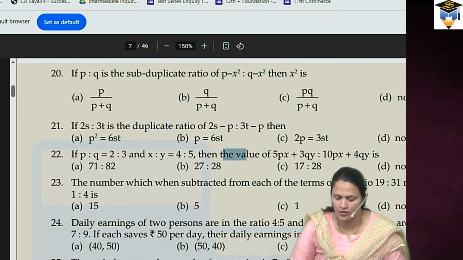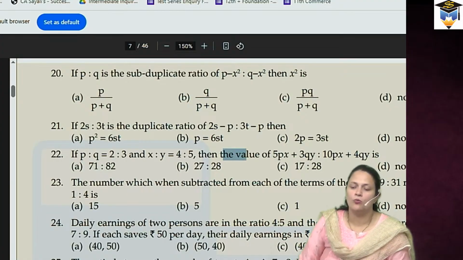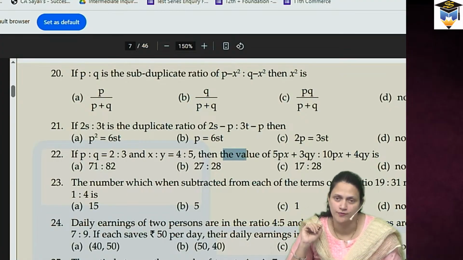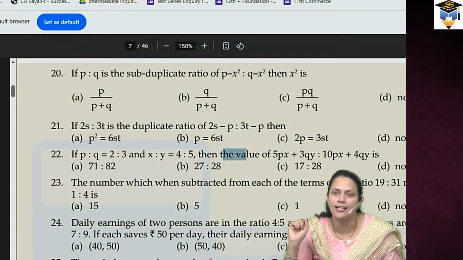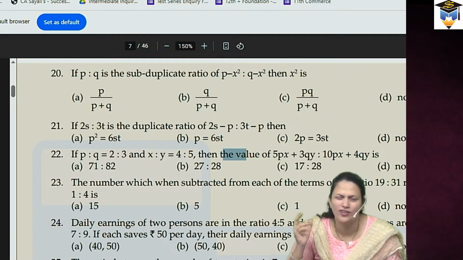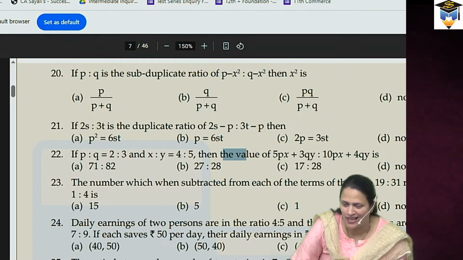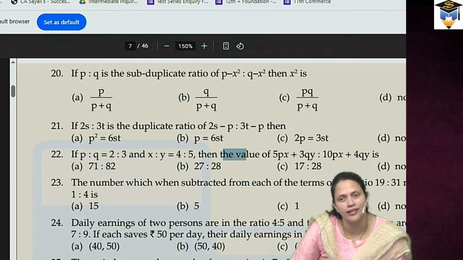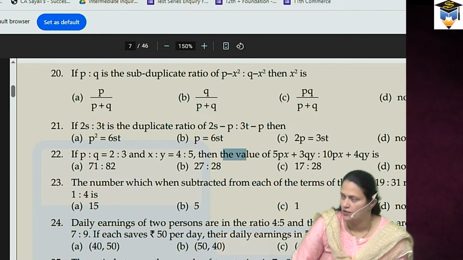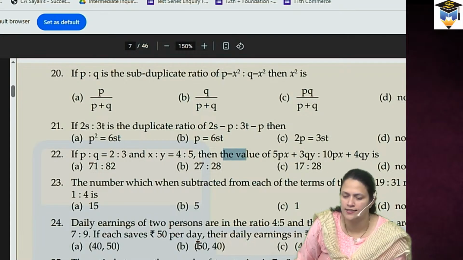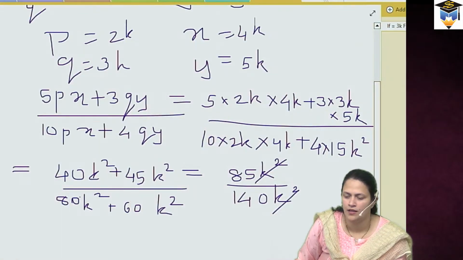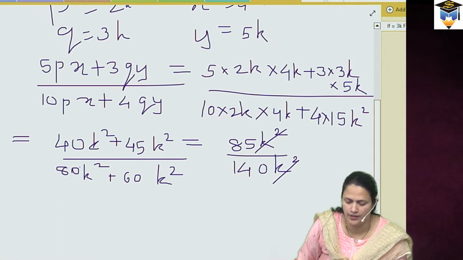Whenever such type of sums are given, what is the first step that you would do? By reading the sum, you understand that this is a problem statement, like a word problem. So the first step would be: let the number x be subtracted from both numerator and denominator. So let us say, we are solving the 23rd one.